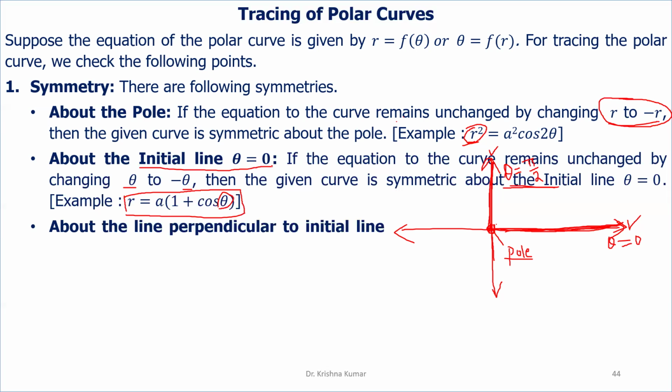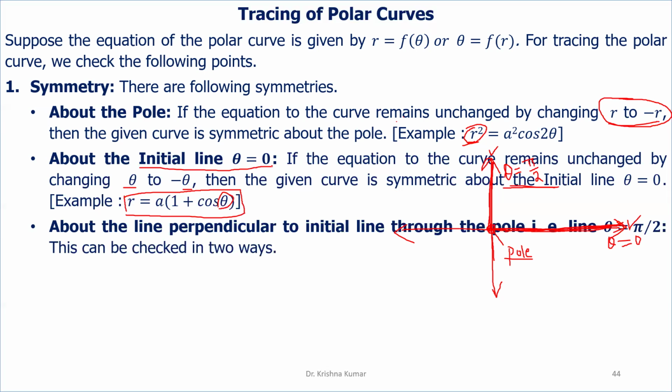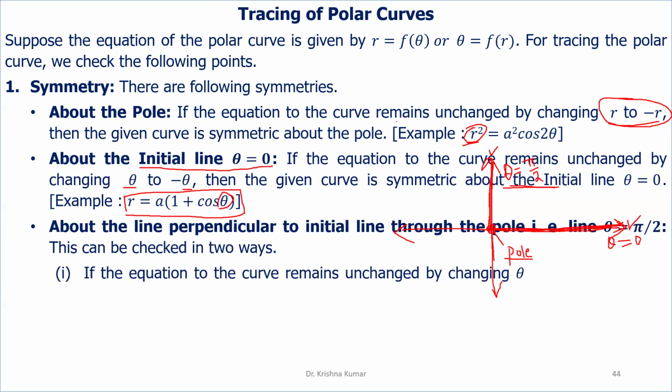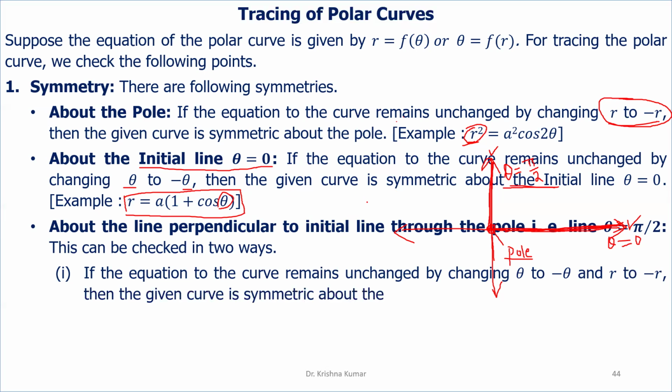Now the third symmetry is about the line perpendicular to the initial line through the pole, that is the line theta equal to pi by 2. This can be checked in two ways. The first way is, if the equation of the curve remains unchanged by changing theta to minus theta and r to minus r, then the given curve is symmetric about the line theta equal to pi by 2.